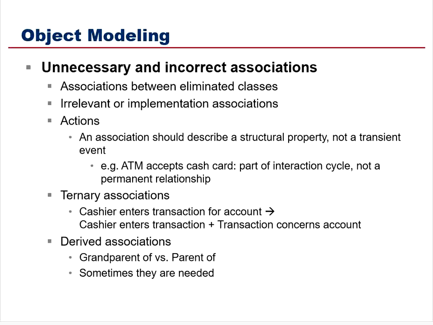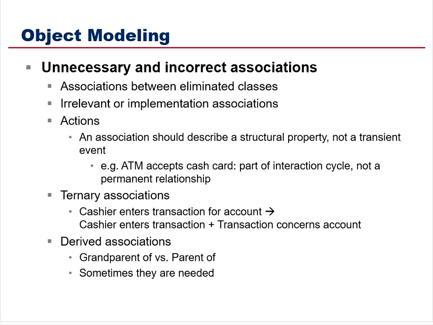Again, the associations related with actions, the ternary associations, and the derived associations. In the case of action, an association should describe a structural property. If a particular association describes an action, then there is no association that we can use between these.